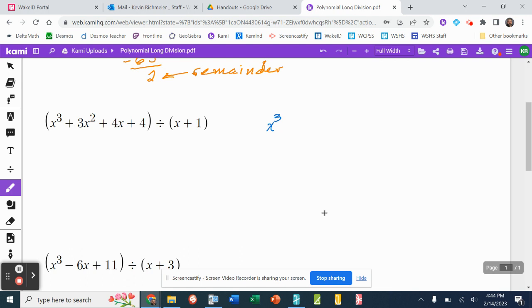So I'm going to write out x cubed plus 3x squared plus 4x plus 4. And we're going to divide this by x plus 1.